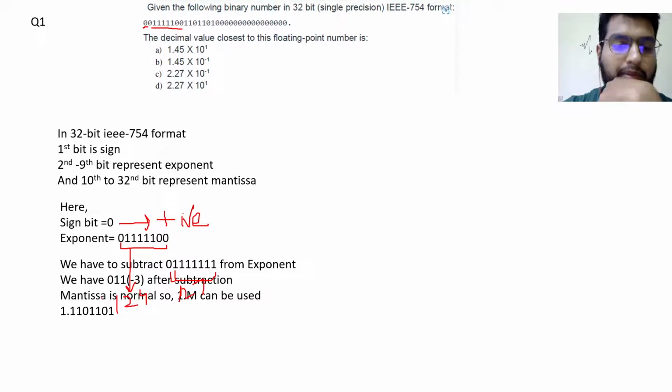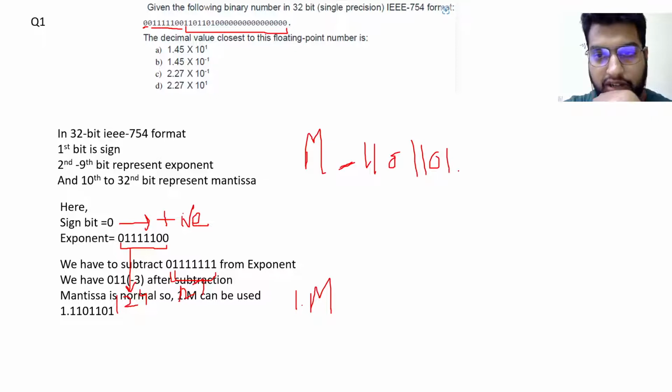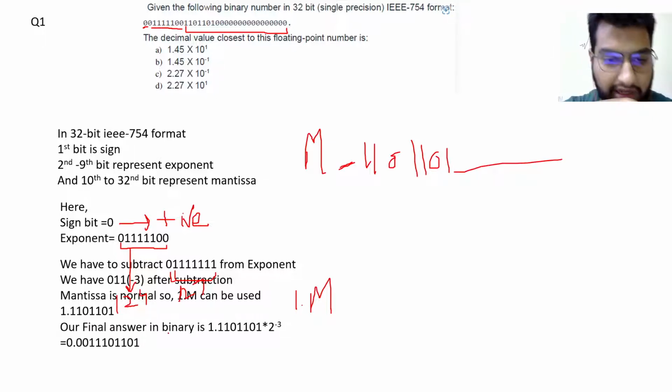So our number in this form, let me just wait a moment. And the mantissa, the remaining bits from this to this, is in normal form, so we can write it in this form, 1 point m, where m is like this. M is equal to 1 1 0 1 1 0 1, and the rest are all 0, so they are not written here. So our number can be written in binary form like this: 1.11 multiplied by 2 to the power minus 3.